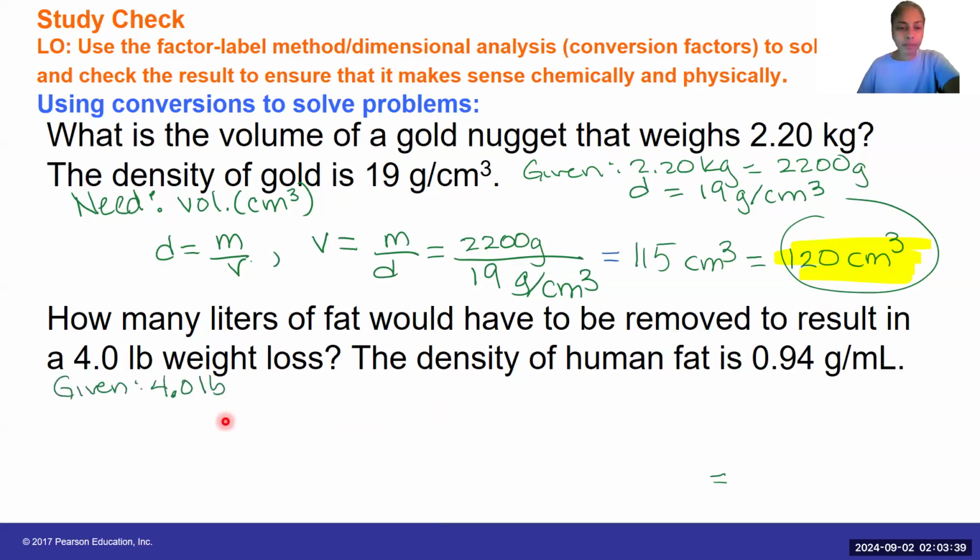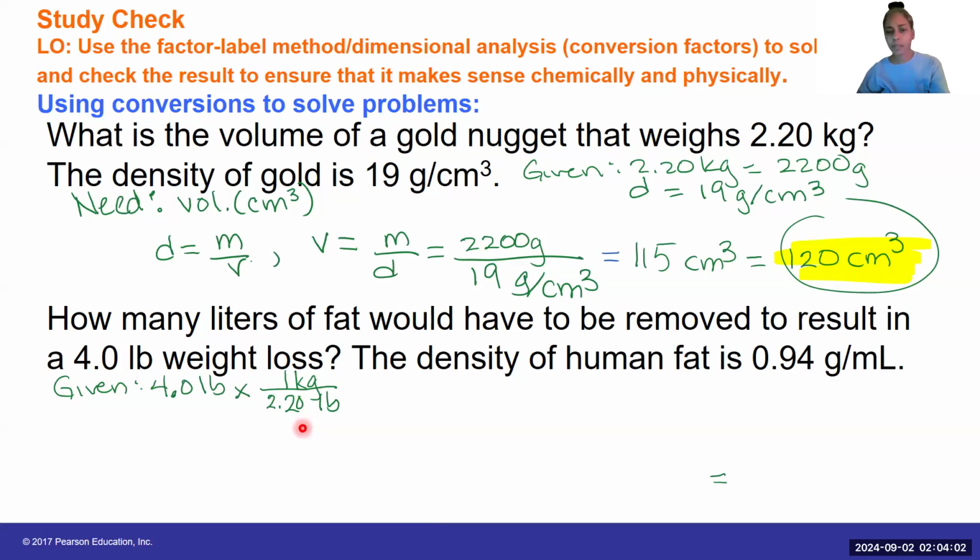What are we given? We're given that we have 4.0 pounds times 1 kilogram divided by 2.20 pounds. That is our conversion factor between pounds and kilograms.